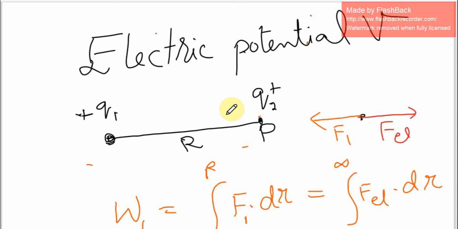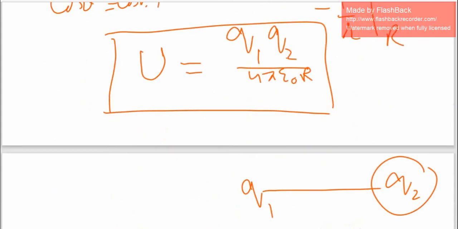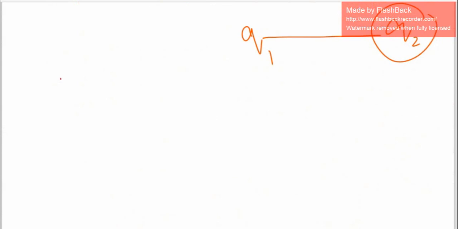Why? The electrostatic force is a conservative force and that is independent of the path. We all know from our FSc that a conservative force is independent of the path followed by the object.